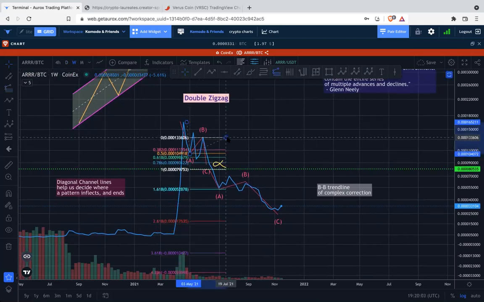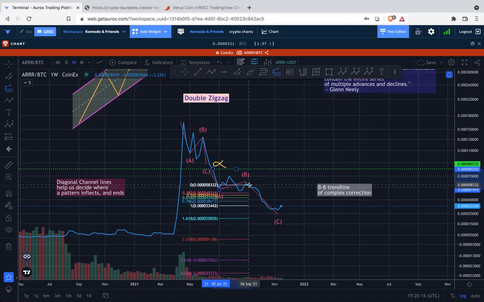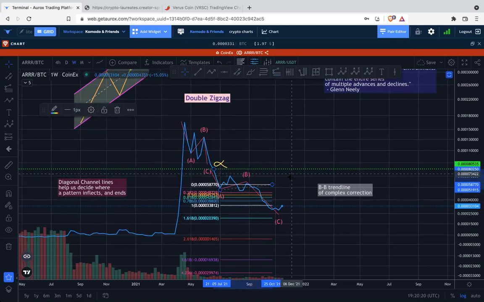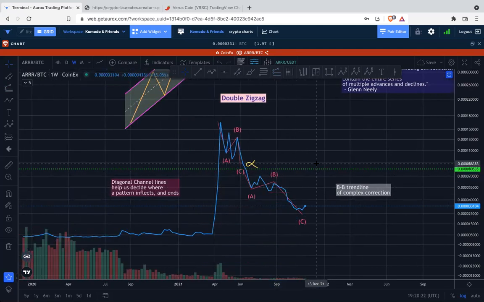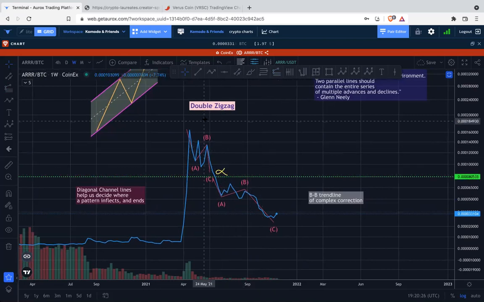That's what made me say, okay, it could be. It could be this is your zigzag 1-to-1, and then your next one is here, and it's like, okay, A, B, C. Here's your B, and okay, fine, possible. Either way, we've got a couple ways to count the double zigzag, but then we start taking into account the channels.